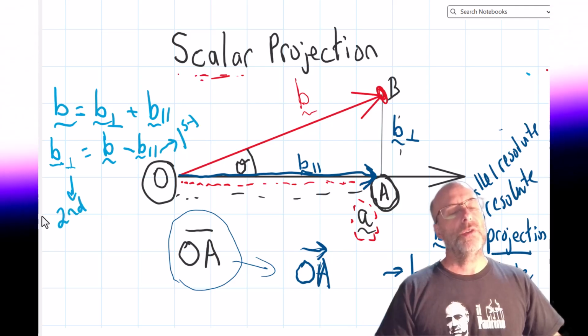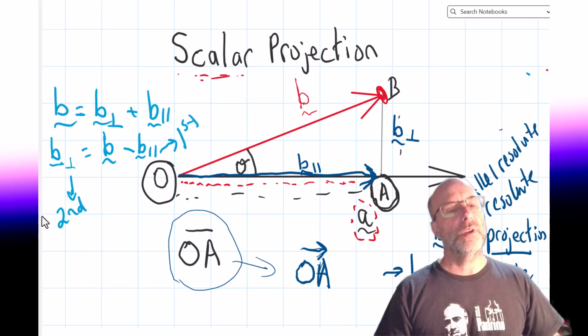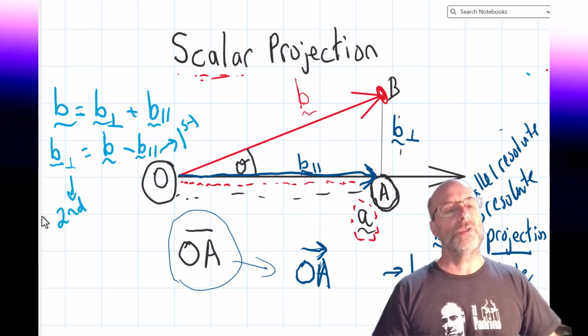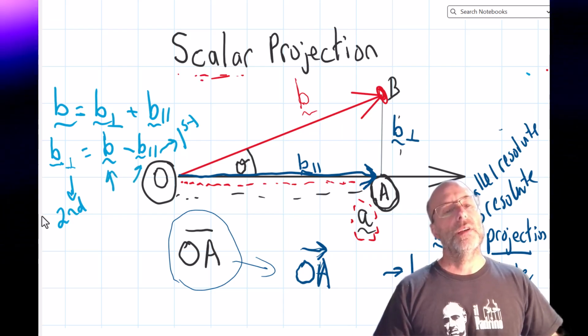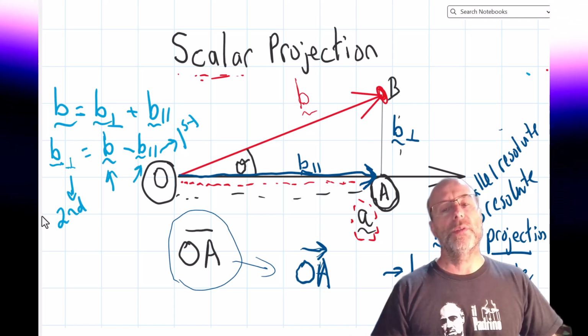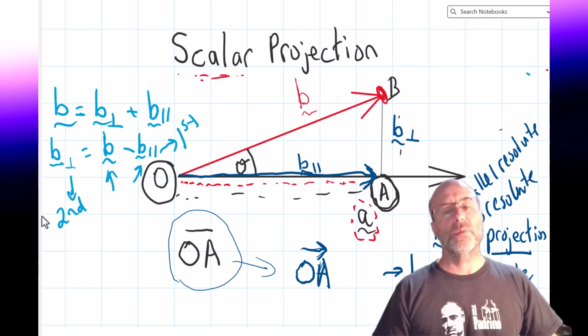You won't find the perpendicular resolute on too many formula sheets because really you're just using vector addition. Once you know B, because it's given in the task, you can work out the parallel resolute, and then from there, using vector subtraction, the perpendicular resolute.